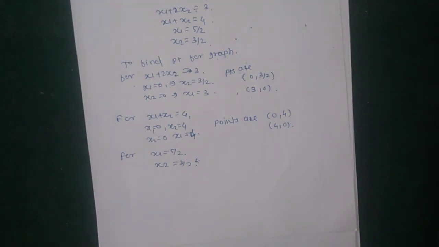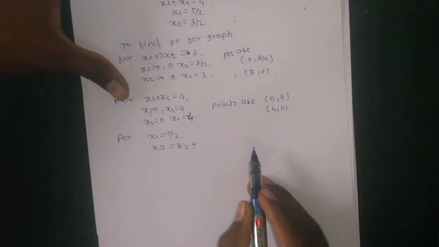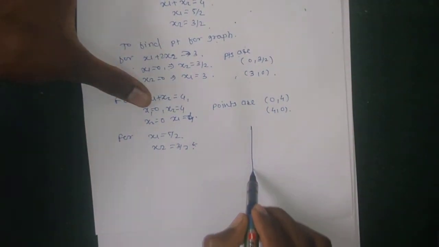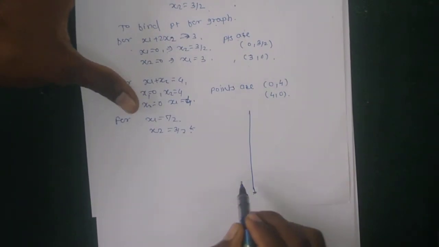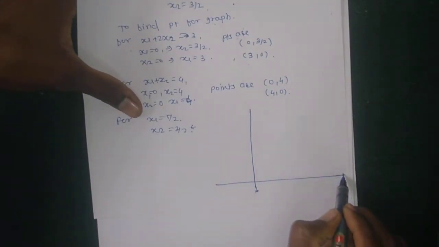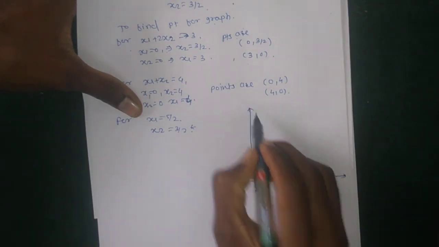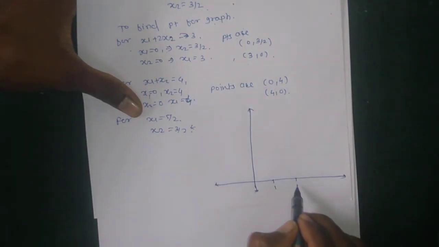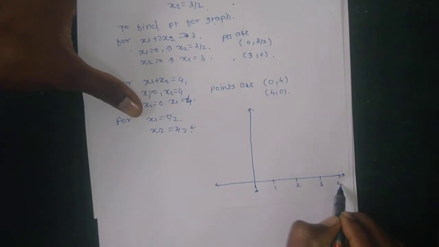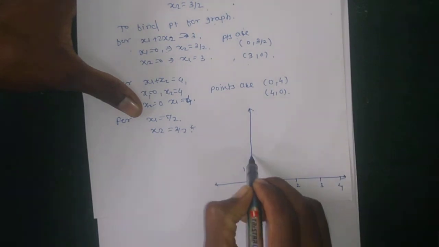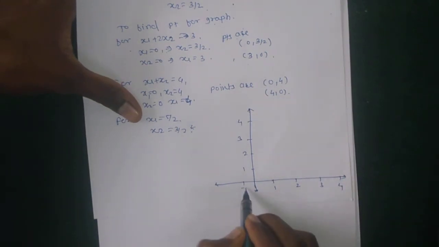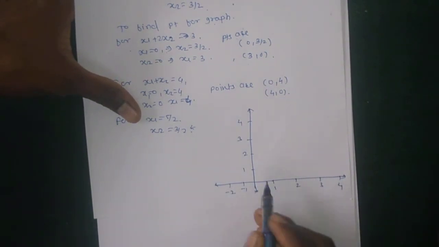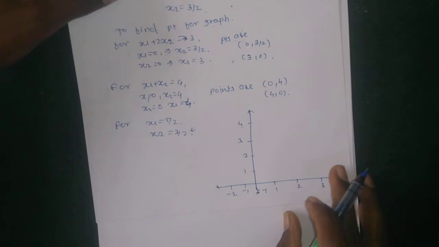So, plotting a graph, suppose that all constraints are positive: 1, 2, 3, 4 on each axis, and here -1, -2 in this way, and below -1 and so on.